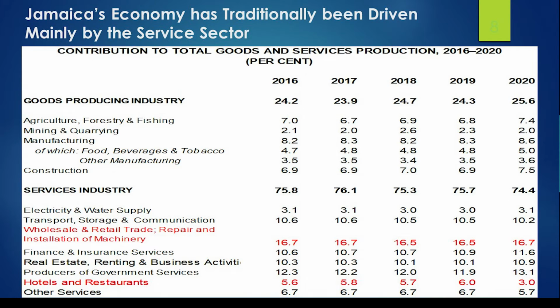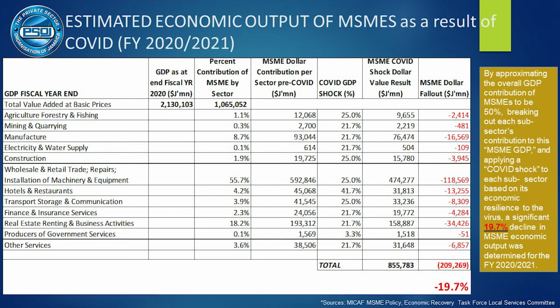Now, in regards to the Caribbean overall, we fundamentally know that for the Caribbean basin, tourism is a huge product. And for Jamaica, it is one of the drivers of foreign exchange into our coffers. With the impact of COVID, the MSME space was impacted by a 19.7% reduction in output for the fiscal year 2020 to 2021.